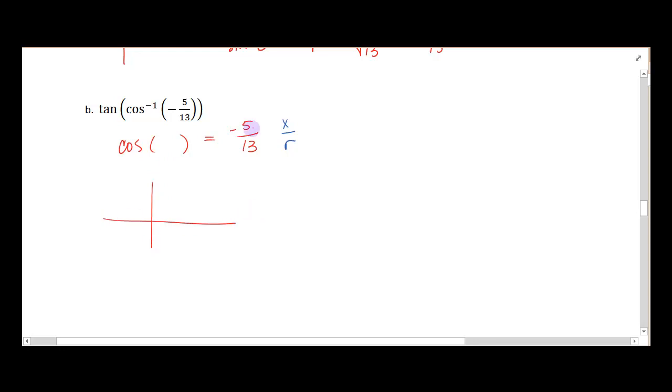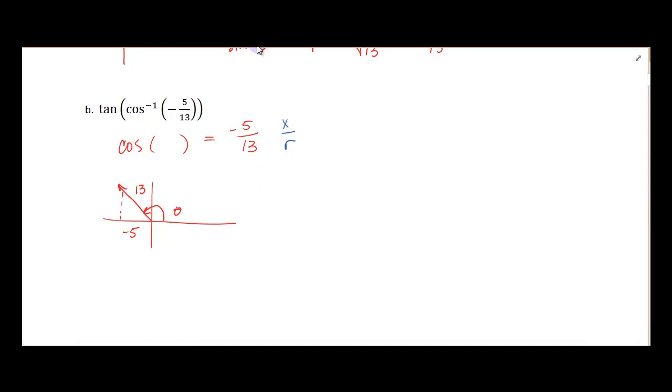So I know that x is negative 5, so I've got some angle theta, by the way, and this is theta, and I can drop a vertical line down, and I know I'm moving negative 5 in the x direction. I know r, by the definition of our trig function, is 13, and I need to find out what y is then.